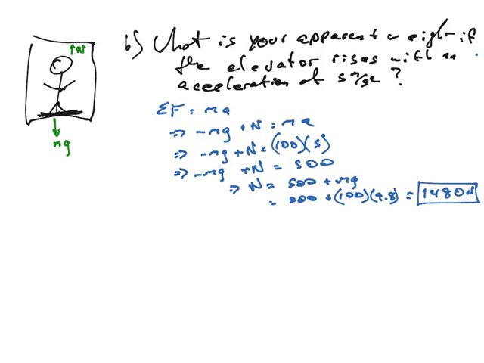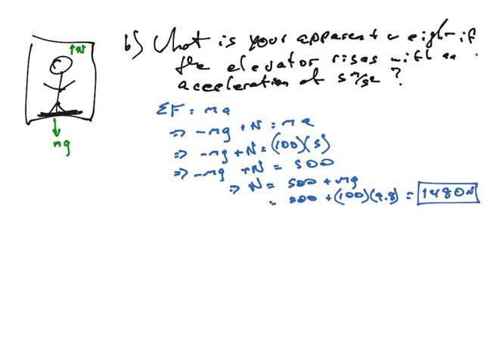What's my true weight? My true weight is only 980. Does this match my intuition? My intuition would say, okay, I'm accelerating up. That's the same as when the elevator first starts to rise. At the very beginning, you push the floor. When you first start to rise, the elevator is accelerating upwards.